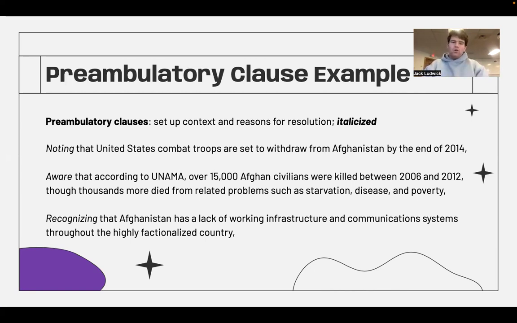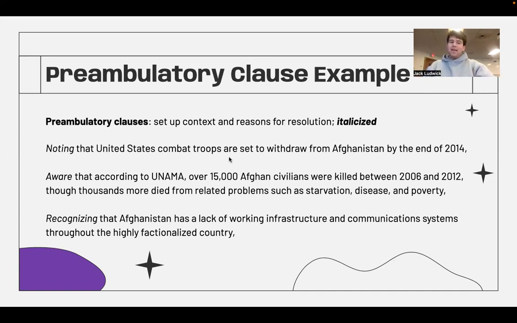Aware that according to UNAMA, over 15,000 Afghan civilians were killed between 2006 and 2012, though thousands more died from related problems such as starvation, disease, and poverty. And then the last one, recognizing. So you get it, it's stating the problems and the reasons for why this resolution is being written.